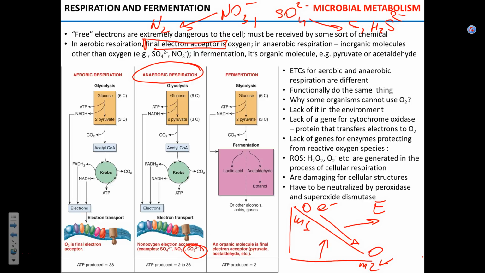The higher electronegativity is, the steeper the slope is going to be. And if the slope is steeper, the energy released will be higher. Does that make sense? So those nitrate, sulfate, carbonate ions, they are not as electronegative as oxygen.